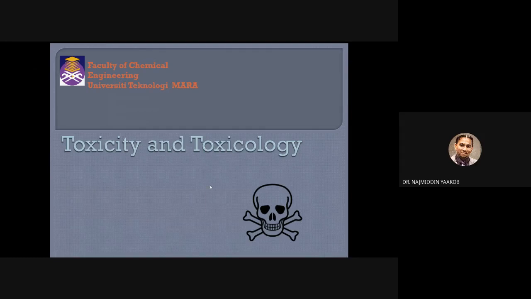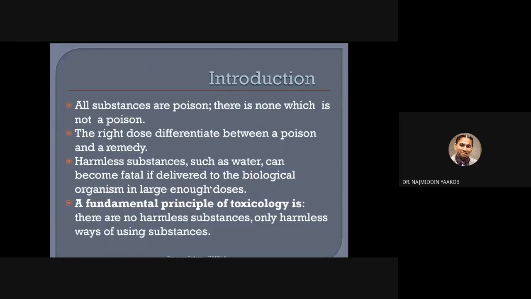Alright, before we go into the calculation part, we'll go through quickly the understanding of what toxicology or toxicity is. As you all know, a toxic is a substance of poison, and the right dose differentiates between a poison and a non-poison.